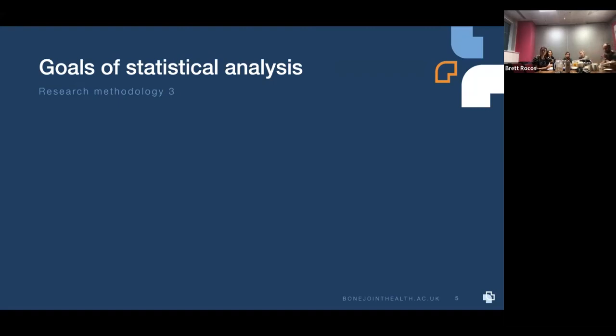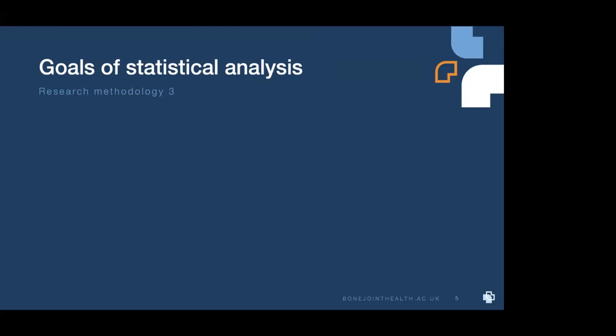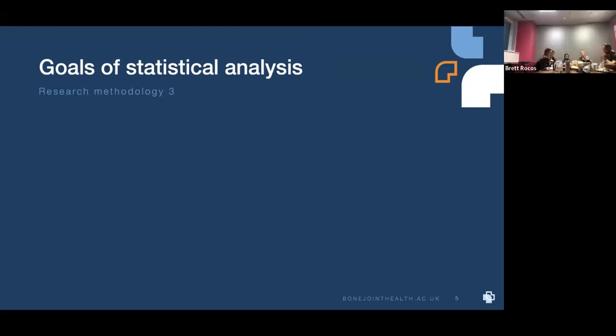Those are some important bits about doing the study and the analysis. But the goal of statistical analysis is really to look at how an input relates to an output, how an exposure, whatever that is, relates to the outcome that you're looking at. Is that a fair summary of what you said? Yes, it is.